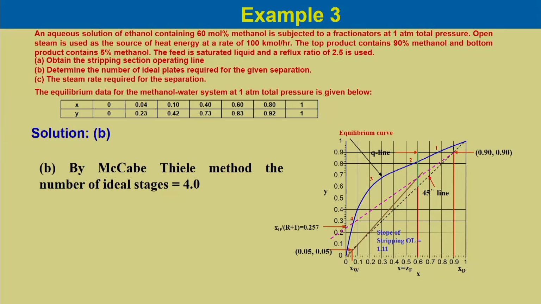Now for the second part, we have to find the number of ideal plates required for this separation by the McCabe-Thiele method.